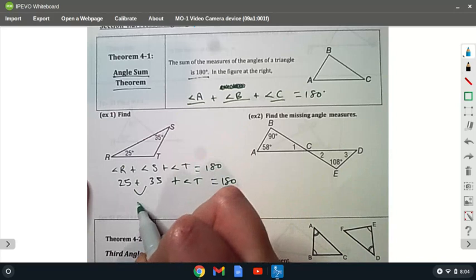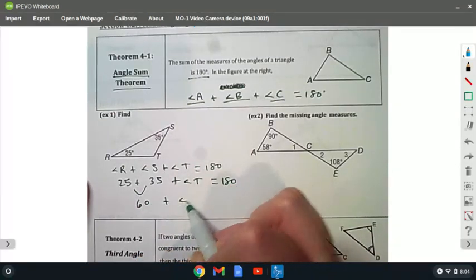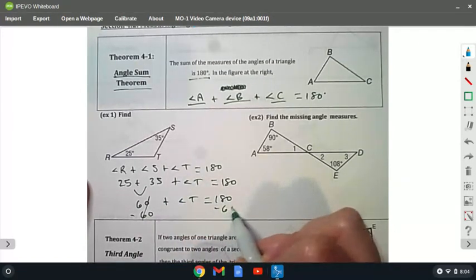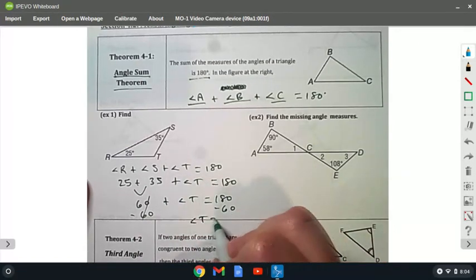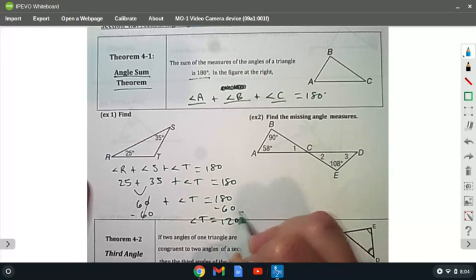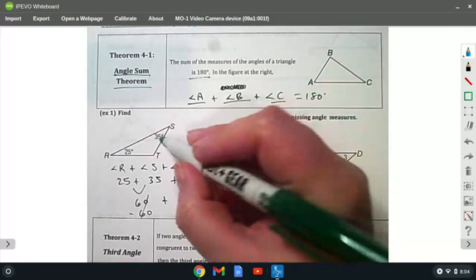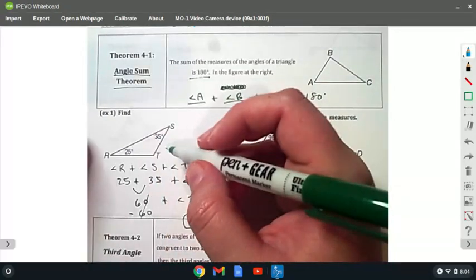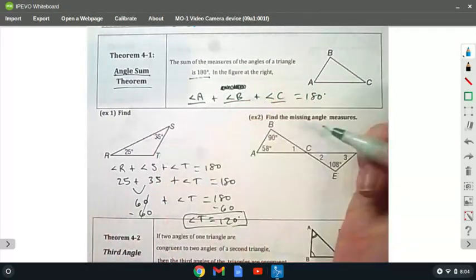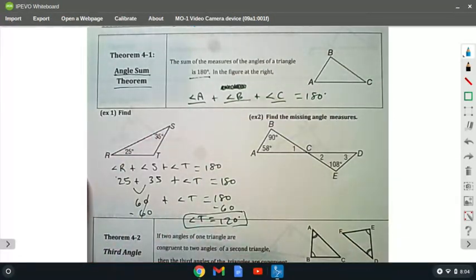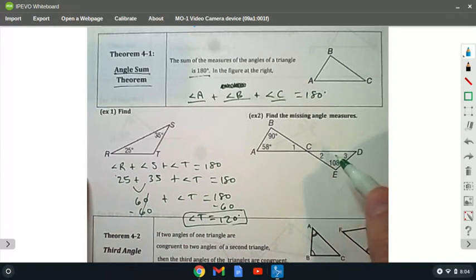That gives us 60 plus angle T should equal 180. If I subtract 60 from both sides, I get that angle T is equal to 120. You could have done this a simpler way. You could have just looked at them, added them together, got 60, and did 180 minus 60 to get T. But I'm just showing you algebraically what's going on, okay?